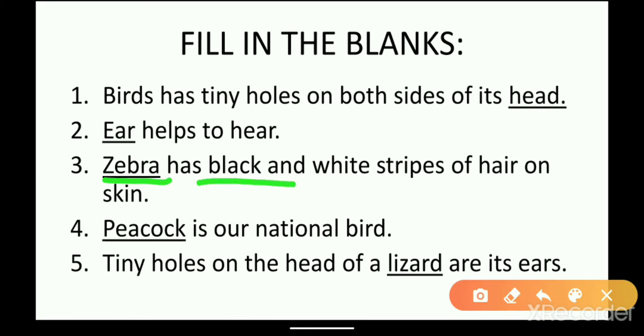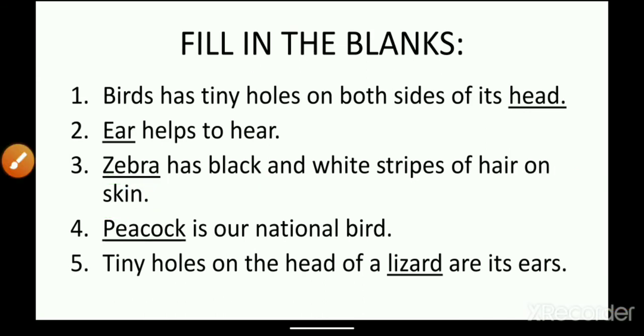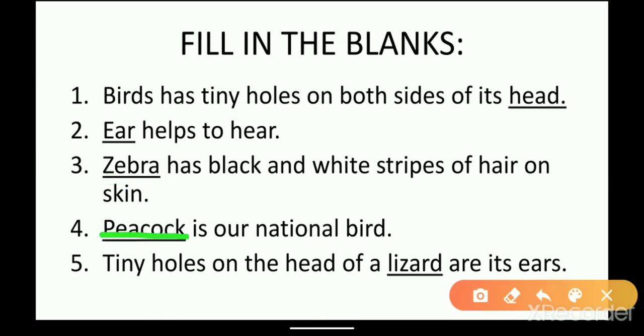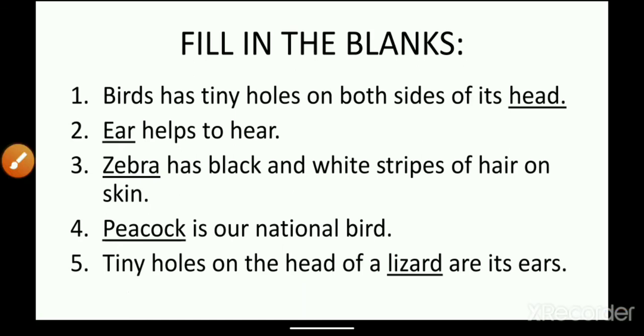Dash has black and white stripes on skin. That is zebra. Next. Dash is our national bird. Peacock. Next question. Tiny holes on the head of dash are its ears. The tiny holes of the lizard on its head are its ears.